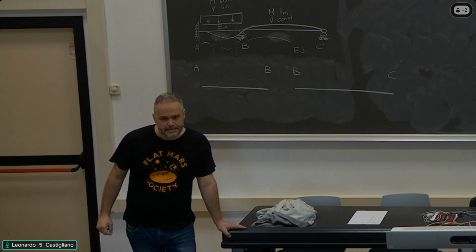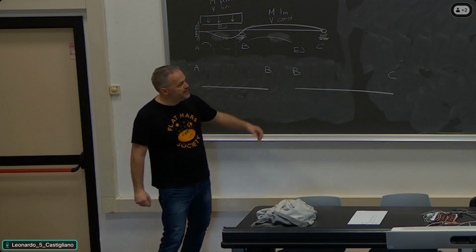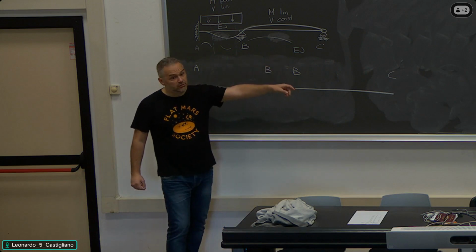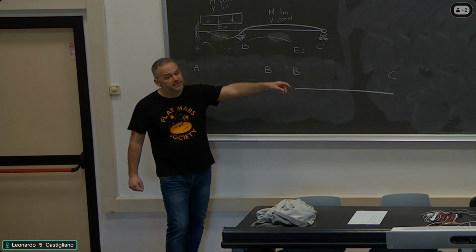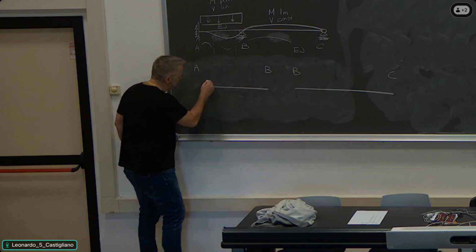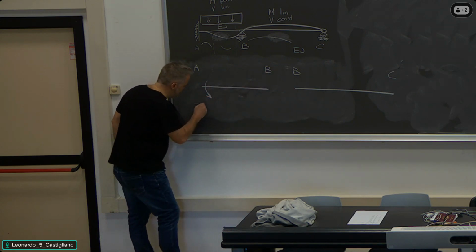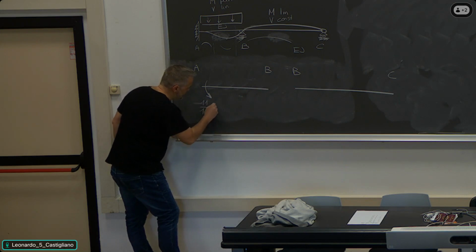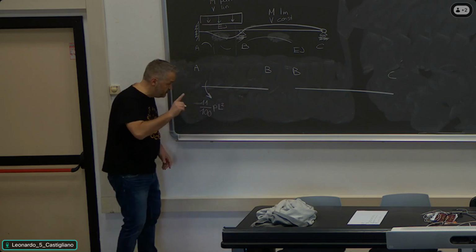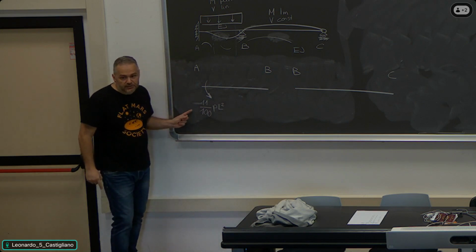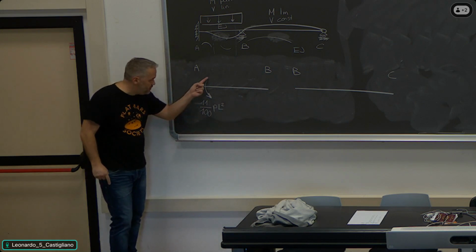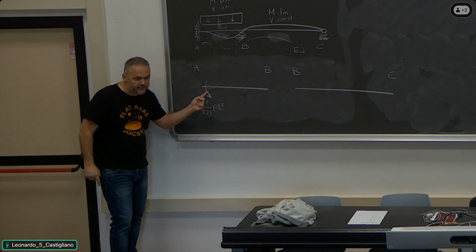Knowing that x1 is minus 11 divided by 100, I put 11 divided by 100 PL squared here. Note, I mark it with a positive sign because I know how it's acting from how this arrow is drawn.